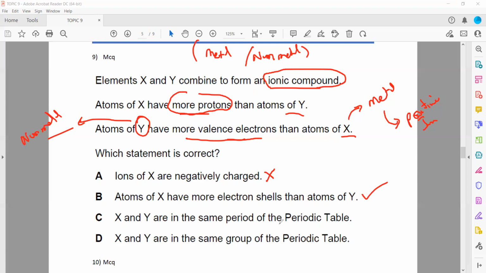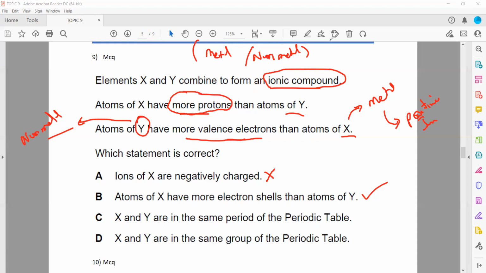X and Y are in the same period of the periodic table. They cannot be in the same period, because they already mentioned X has more protons than Y. When it has more protons, it means it will have more electrons.